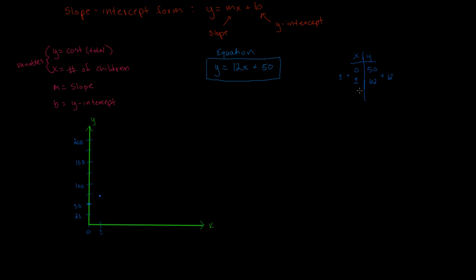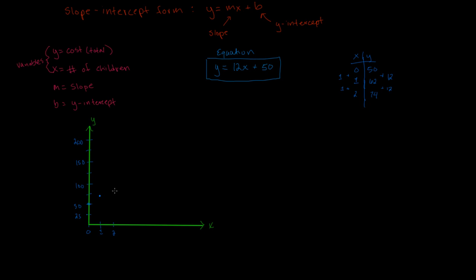Let's say that we had 2. We're going to add 1 more kid. That'll give us 2, which means we have to add in 12. 2 times 12 is 24, plus 50. So that would give us our $74. So we have 2 kids, and then we have $74.